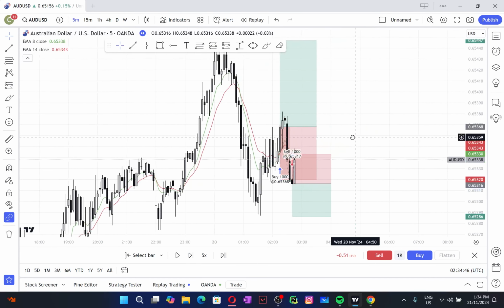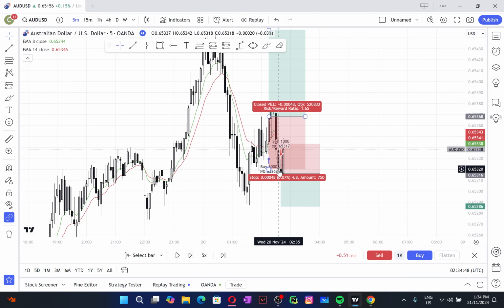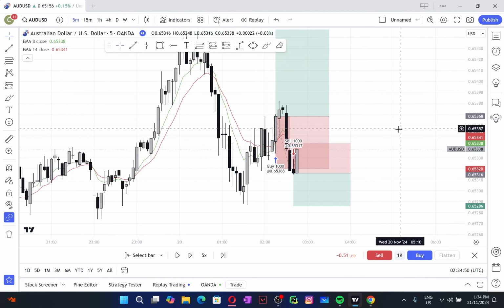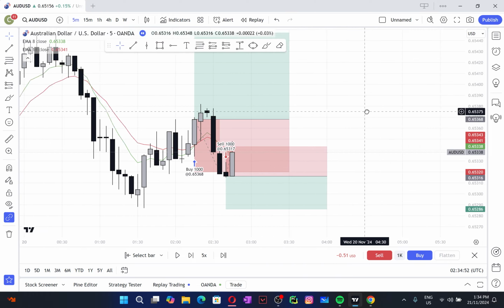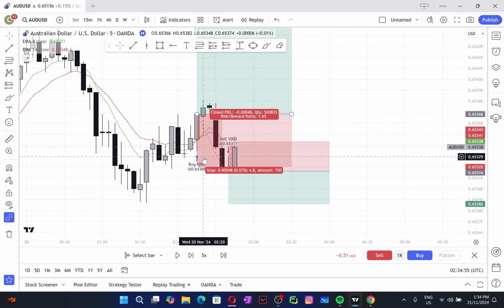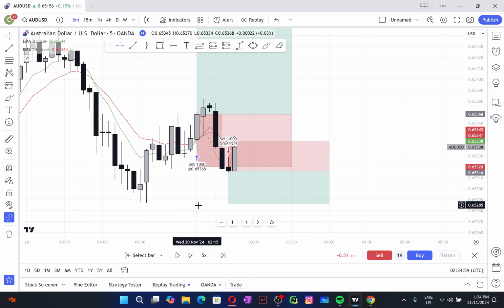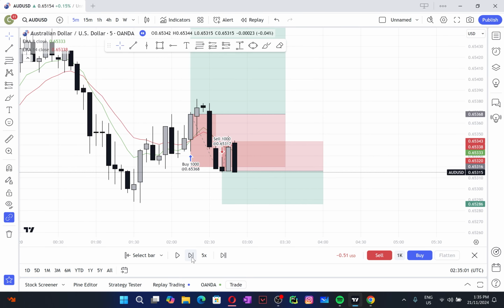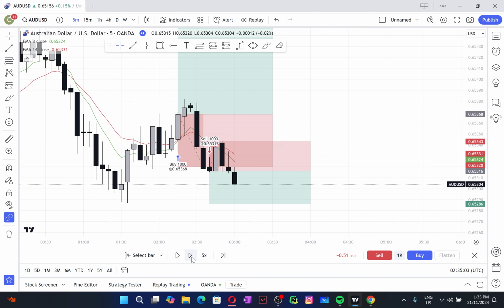Yep. So well, again, I think it's gonna go up because you see my stop loss was shattered because I should have taken my stop loss all the way down there, which I clearly did not. And let's see what's gonna happen.